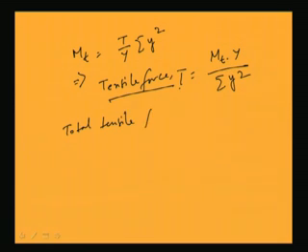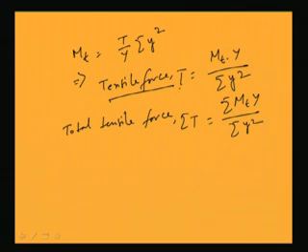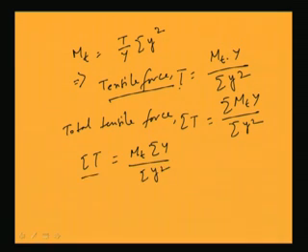Total tensile force may be summation of T. So, this will become MT into y by summation y square, where MT is the total moment. So, I can write the total tensile force is equal to MT into summation y by summation y square. This is the total tensile force.